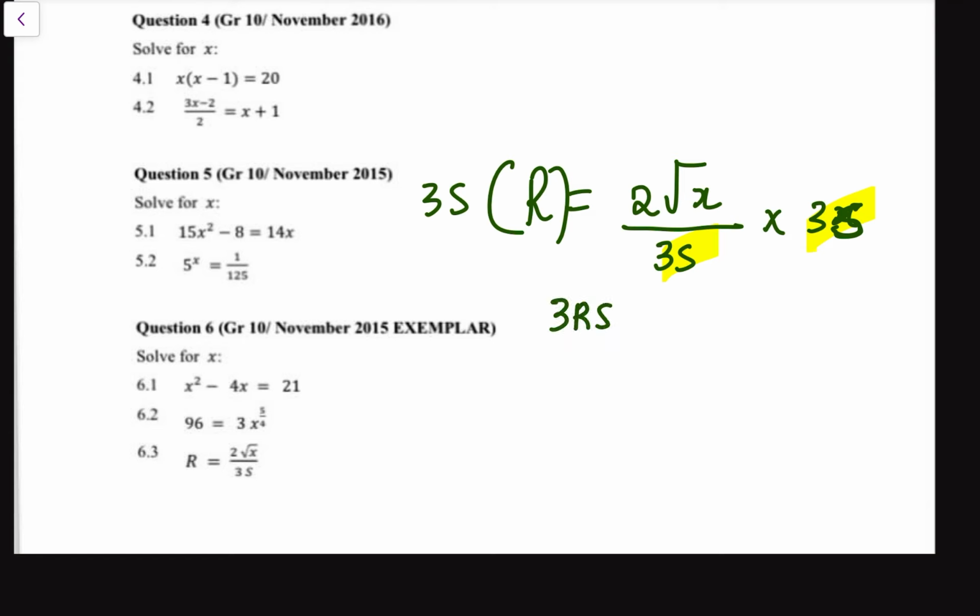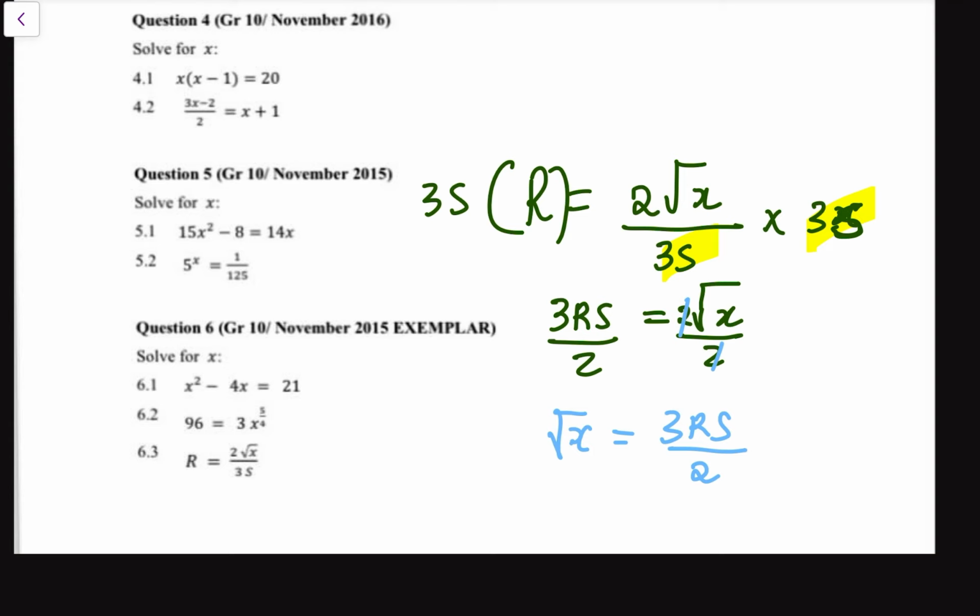3rs is equal to 2 root x. Now I divide on both sides by 2, so that 2 and 2 can cancel. So I have the square root of x is equal to 3rs over 2.